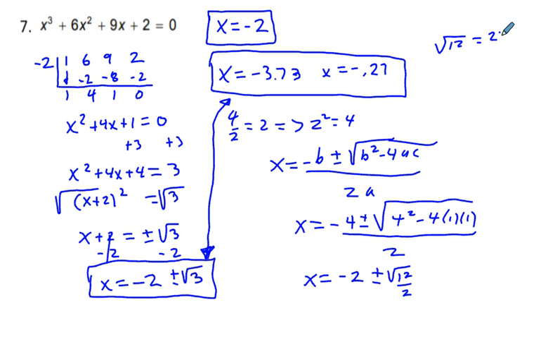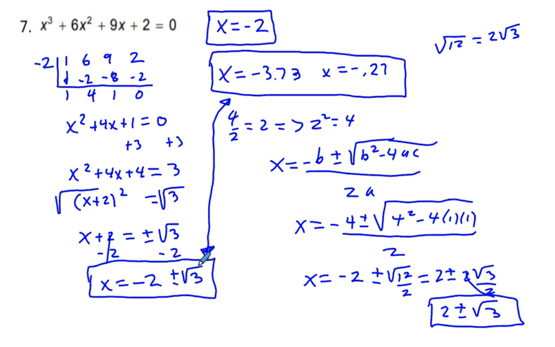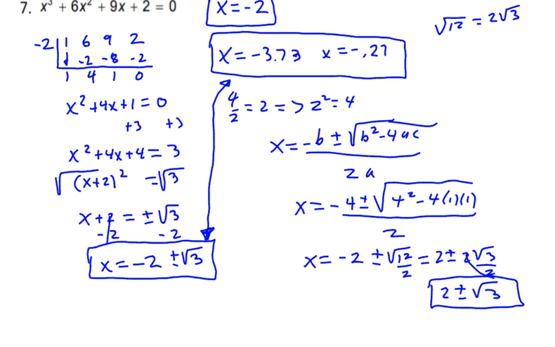And so you have 2 square root of 3 over 2. So you have negative 2 plus or minus 2 square root of 3 over 2. So you have again negative 2 plus or minus square root of 3. So different ways of solving this problem.